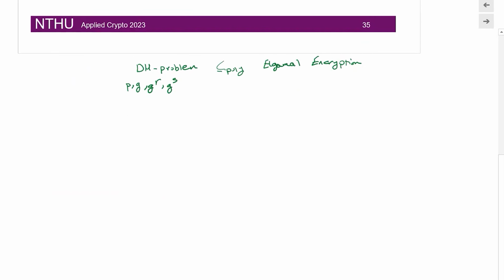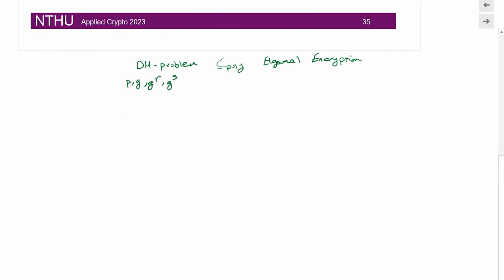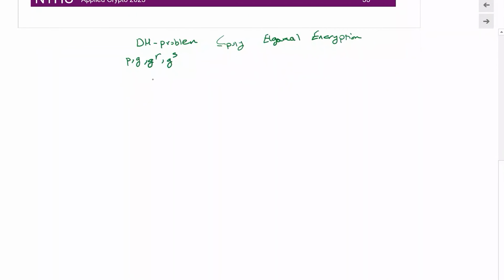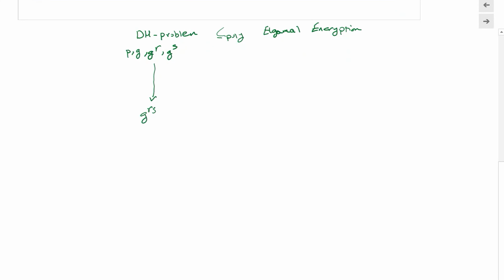I'm sorry that I'm changing the variables. And then the goal is to compute, at the end of the day, some value g to the rs. That is our goal, and let's see how we can make that happen.